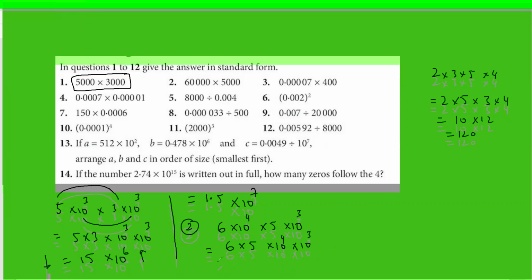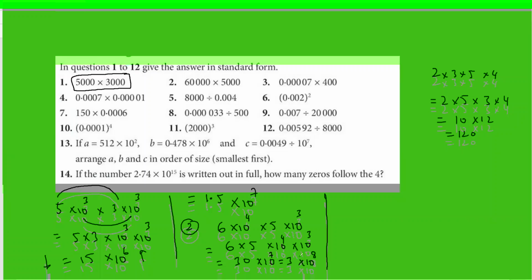This will give me 30 into 10 raised to power 7. Then you have to see if this is in standard form or not. This has to be corrected a bit, so this will be 3 into 10 raised to power 8. Written like this, it is now the product of these two numbers in standard form.